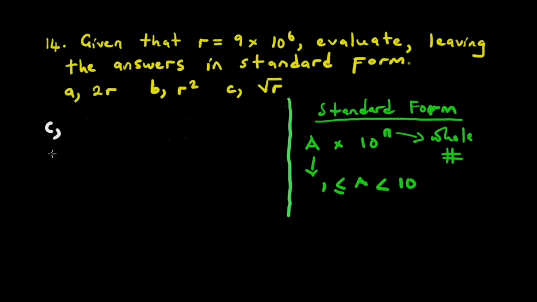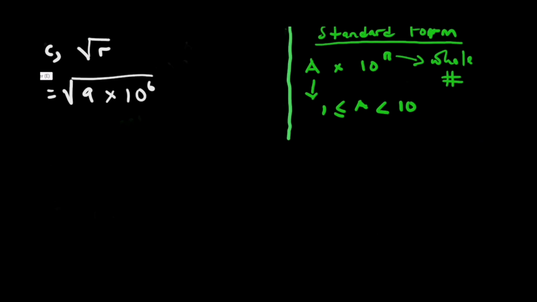Let's do part C, the last one. Part C wants us to find the square root of r, which is the square root of 9 times 10 to the power 6, substituting r. To solve part C, we need a working knowledge of maths. Since we have the square root of 9 times 10 to the power 6, this is equal to the square root of 9 times the square root of 10 to the power 6.